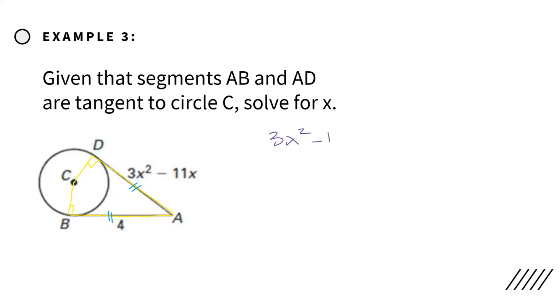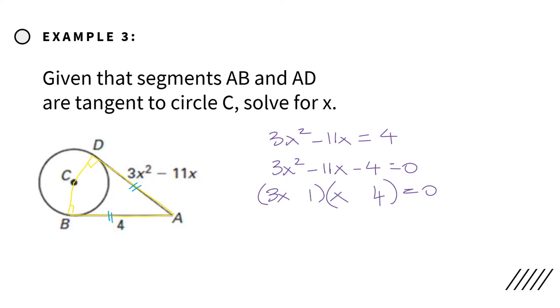3x squared minus 11x is equal to 4. This is a quadratic that we will set equal to 0 and factor. Okay, so we've got 3x times x is 3x squared, 1 times 4 is 4, and we need negative 12x plus 1x to equal negative 11x in the middle.